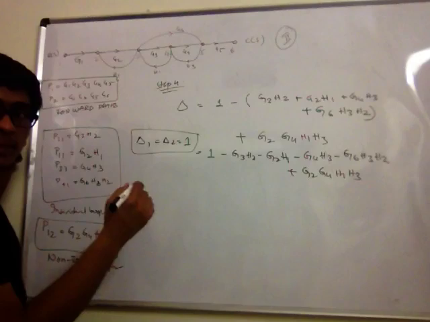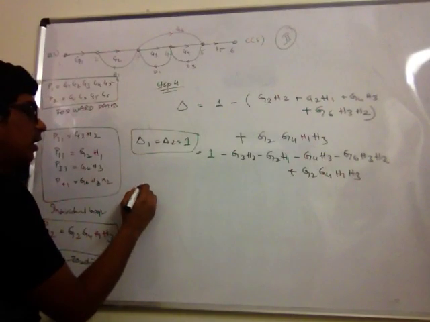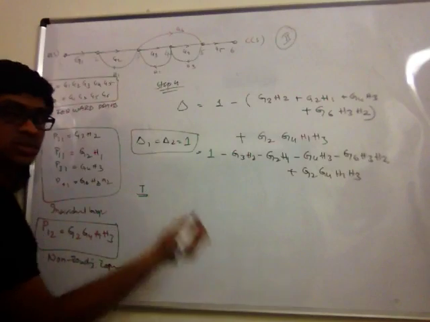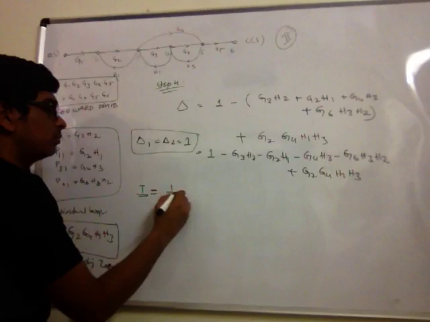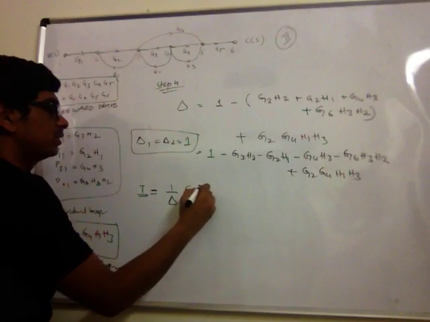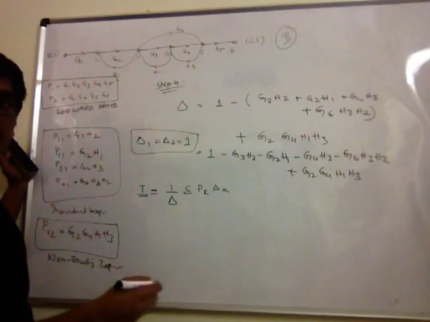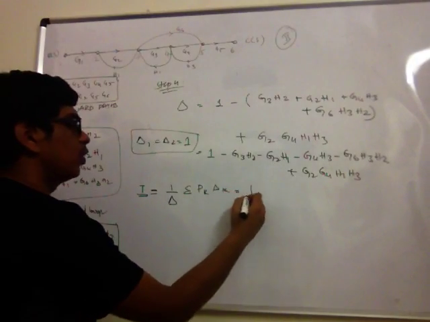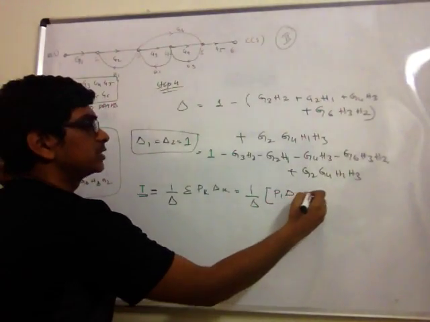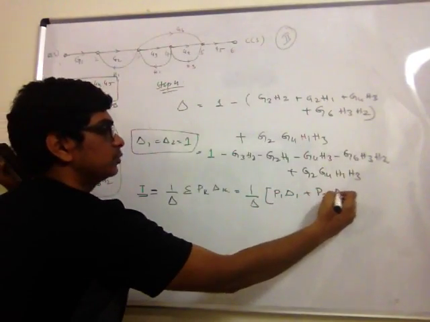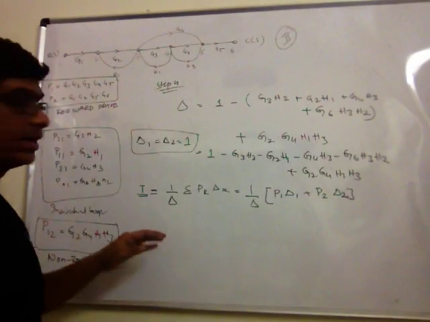So now, coming to Mason's gain formula, which says T, that is the transfer function, is equal to 1 by delta sigma Pk delta k. And in our case, that is equal to 1 by delta into P1 delta 1 plus P2 delta 2. Yes? You got it? Okay.